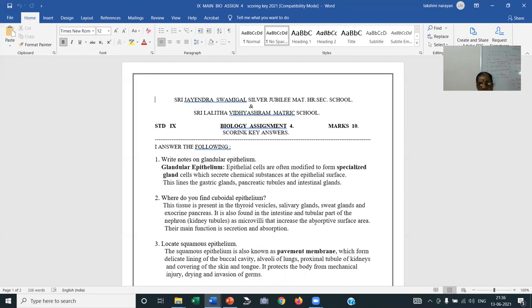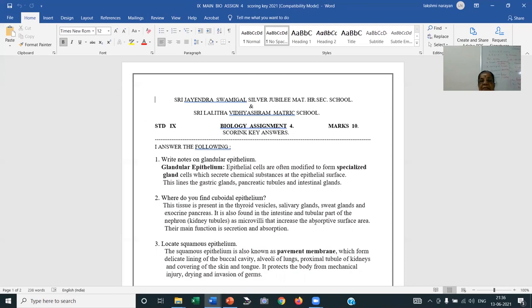Whatever we say is an organ, it is formed with this lining layer, that is epithelial tissue. So we say glandular epithelium, the tabular column, the continuation of this video we have discussed. Okay. So now glandular epithelium: epithelial cells are often modified to form specialized cells which secrete chemical substances at the epithelial surface, the outer layer.